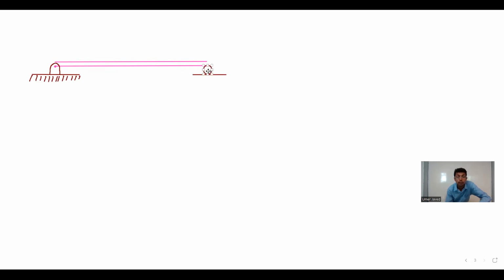The question is, what is a realistic simply supported beam? A realistic simply supported beam will be like this, right?